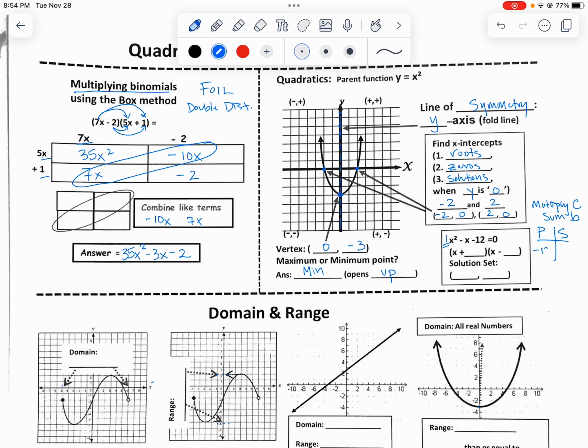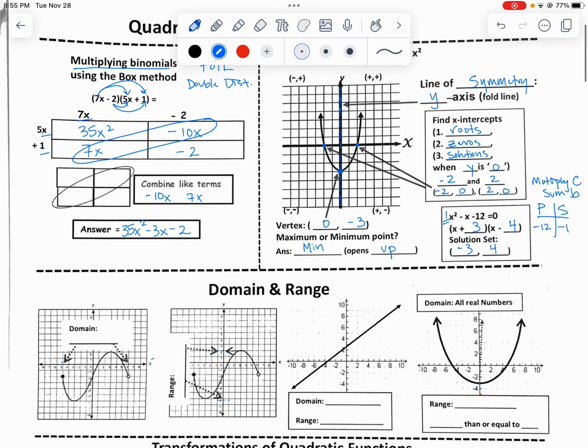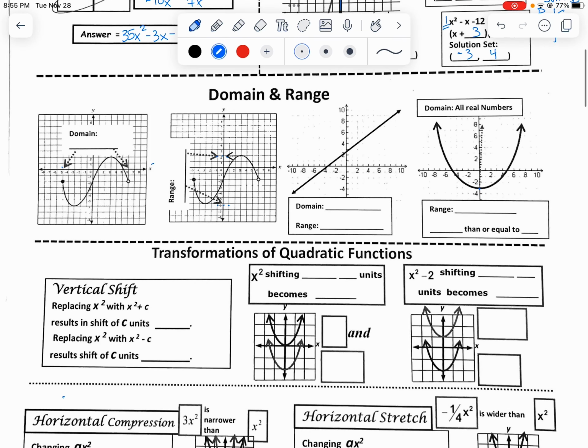The c term is negative 12, the b term is negative 1, so two numbers that multiply to negative 12 and sum to negative 1 are negative 4 and positive 3, so my solution set is negative 3, 4.